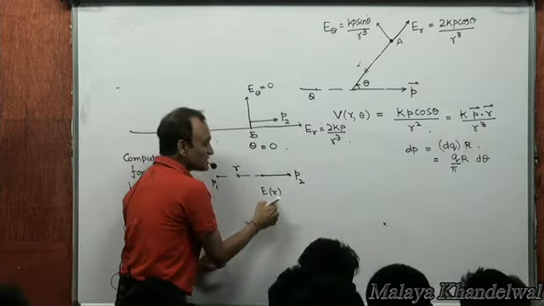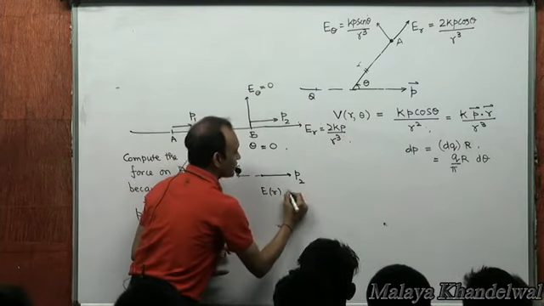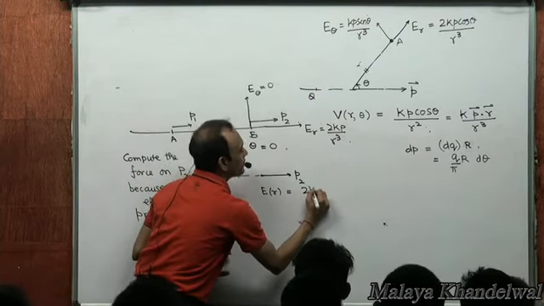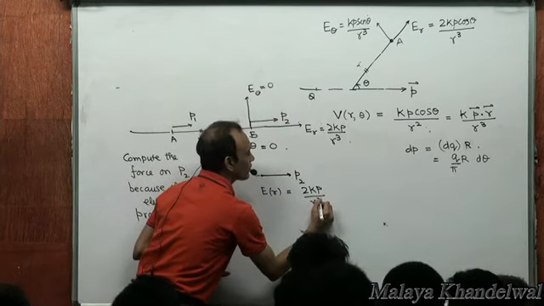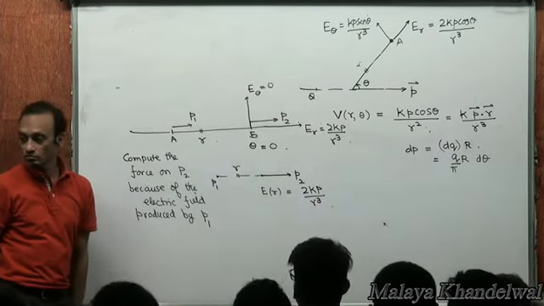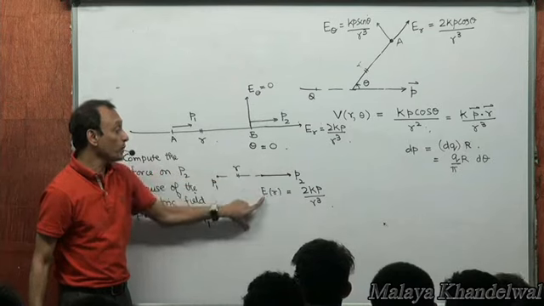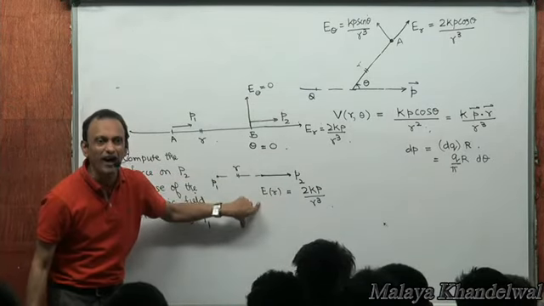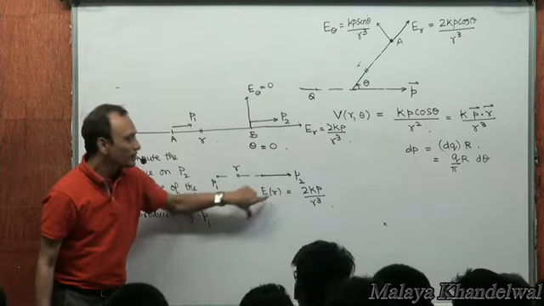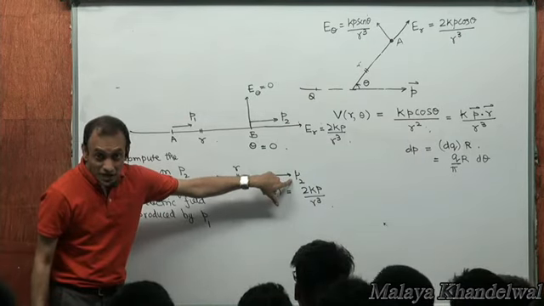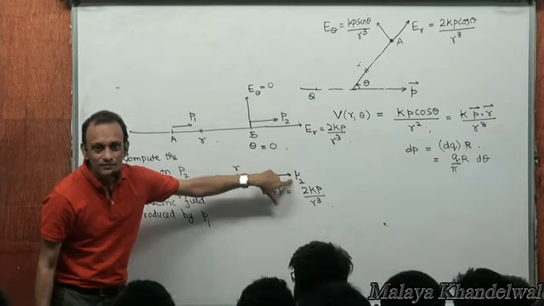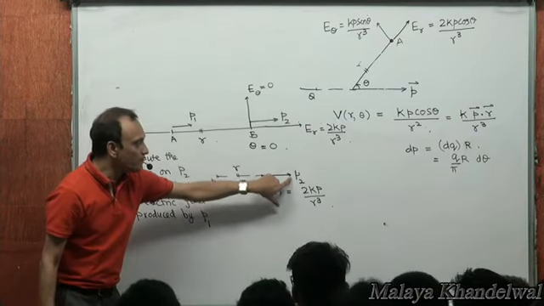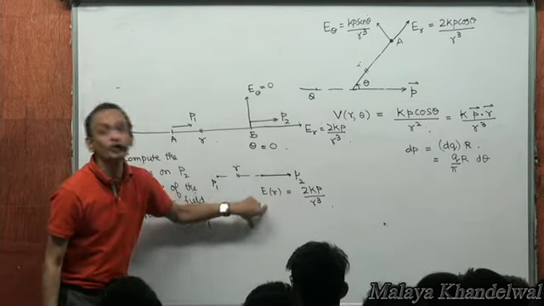This is a dipole placed in an electric field E_r, which is 2 kp by r cubed. The force on a dipole placed in an electric field would be P2 into dE dr. Instead of x, you have r. I derived that result, P dE dx. So in this case, the force is going to be P2 into dE dr.